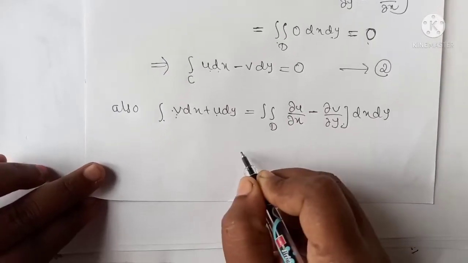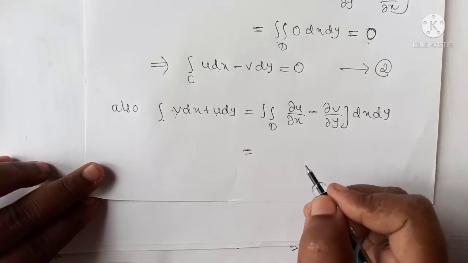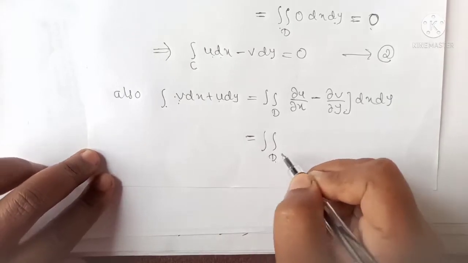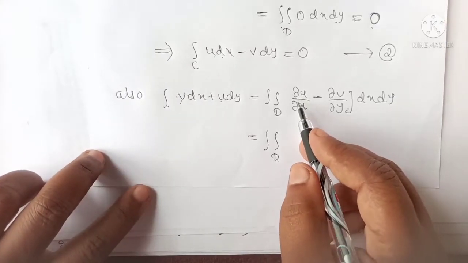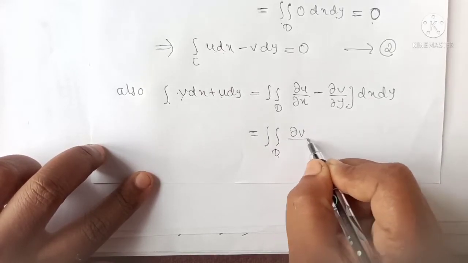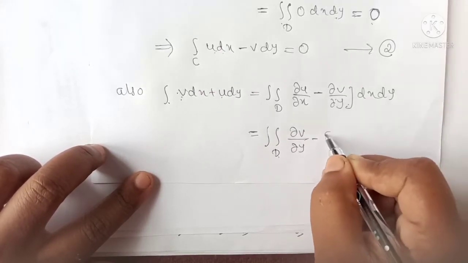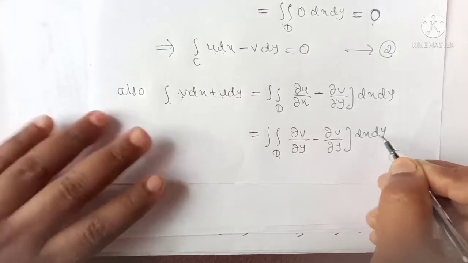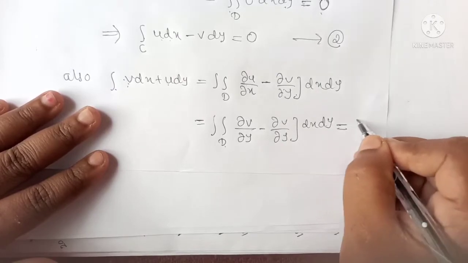Again applying the Cauchy-Riemann equations, ∂u/∂x can be replaced by ∂v/∂y, so it is ∂v/∂y minus ∂v/∂y, dx dy, which is again 0.